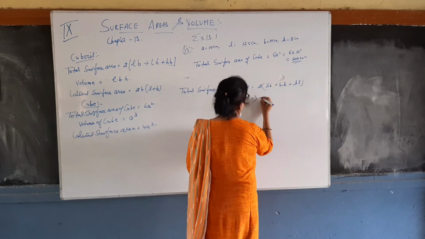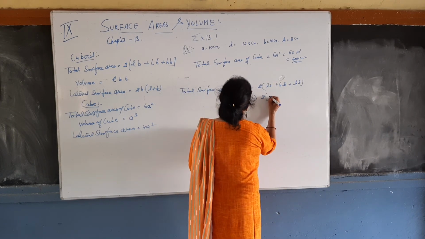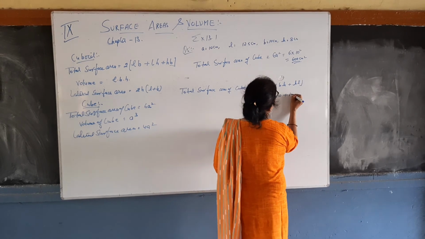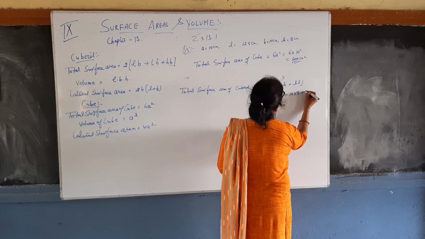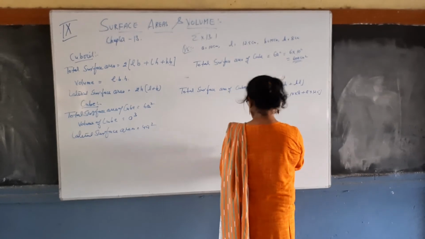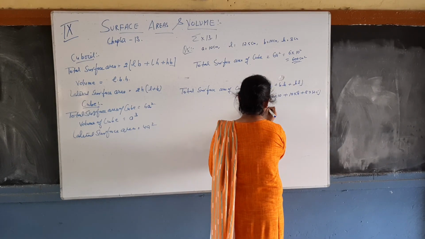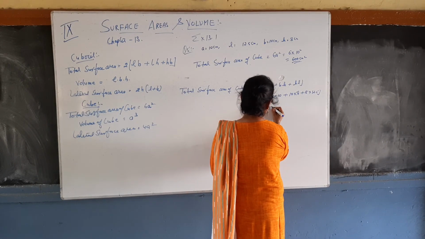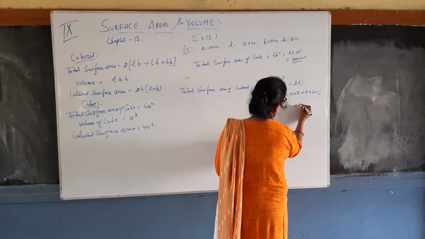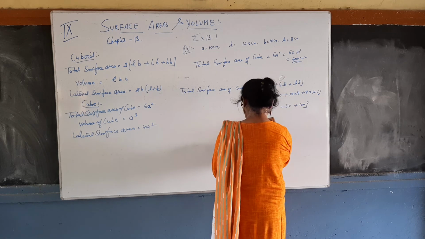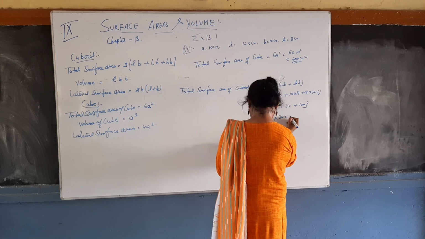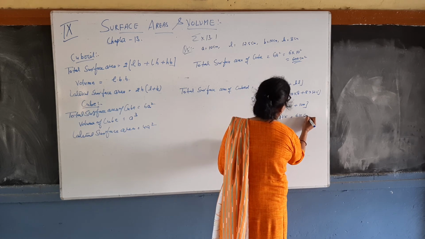Putting the values: 2 into 12.5 into 10 plus 10 into 8 plus 8 into 12.5. If you multiply, it will be 2 into 125 plus 80 plus 100, that is 2 into 305, so it is 610 centimeters square.